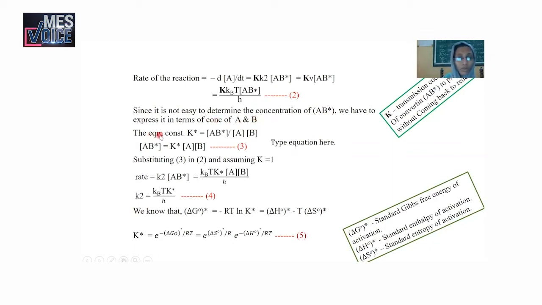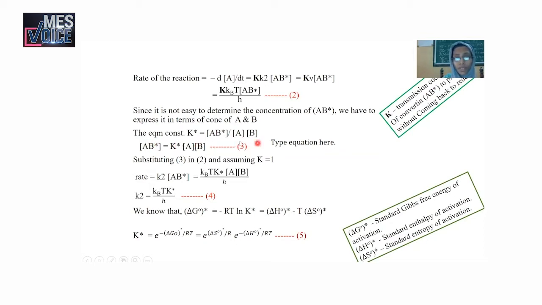Then the equilibrium constant K star is equal to AB star divided by A into B. Then the concentration of AB star is equal to K star into concentration of A into B. You know how to calculate the equilibrium constant: concentration of product divided by concentration of the reactants. So the concentration of activated complex is equal to K star into A into B.